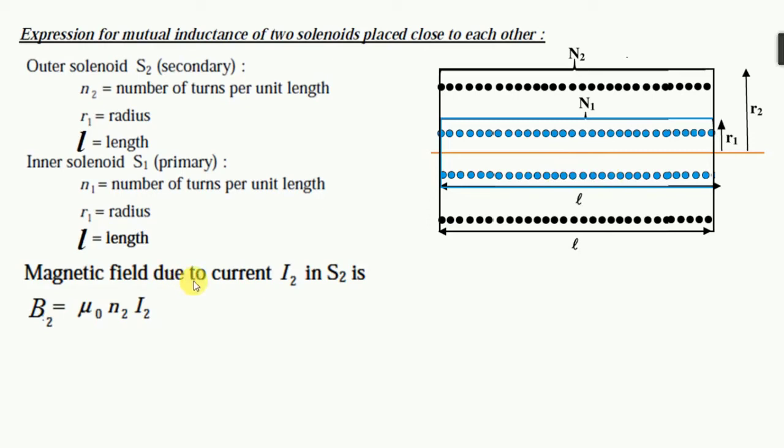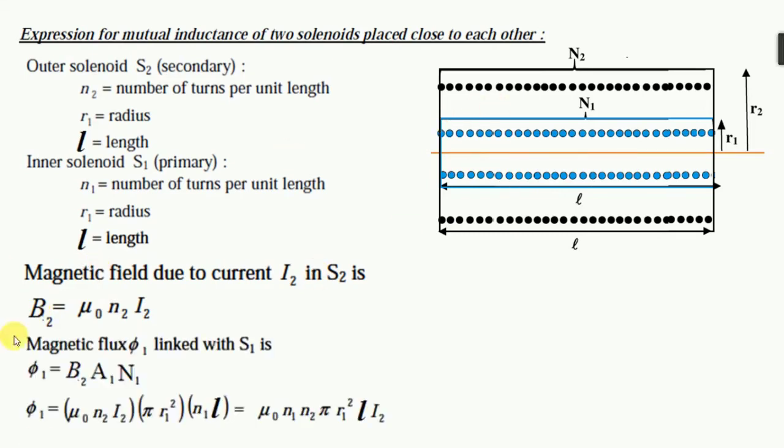So magnetic field due to current I2 in S2 is given by B2 is equal to mu naught n2 I2. I am using n2 I2 because the magnetic field is produced by solenoid number 2, which is the larger solenoid. So due to this magnetic field, there will be flux through the smaller solenoid. So the flux through coil number 1 is given by magnetic field due to coil number 2 into area of coil number 1 and number of turns in coil number 1.